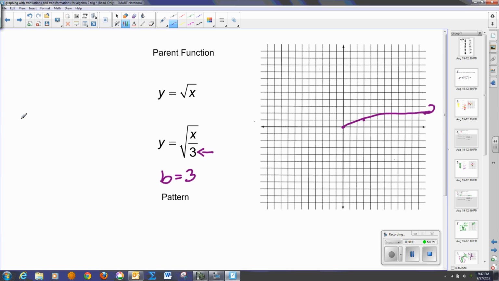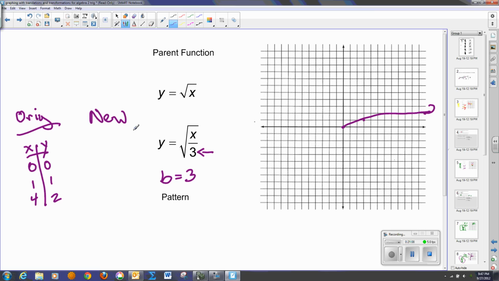And if I look at the original x's and y's, I know I've got 0, 1, 4 and 0, 1, 2. That's my original.